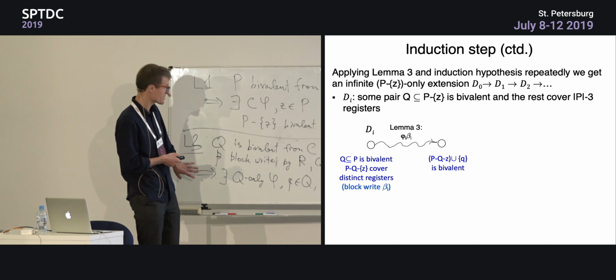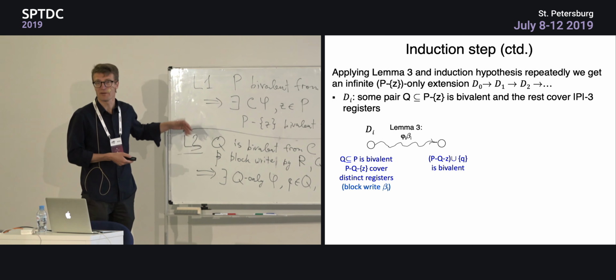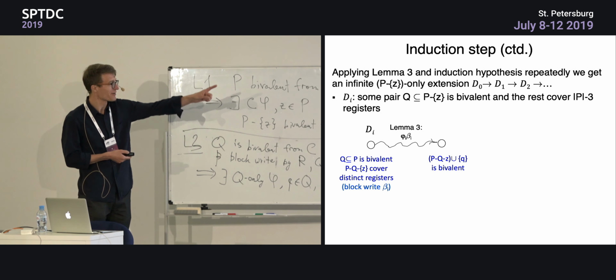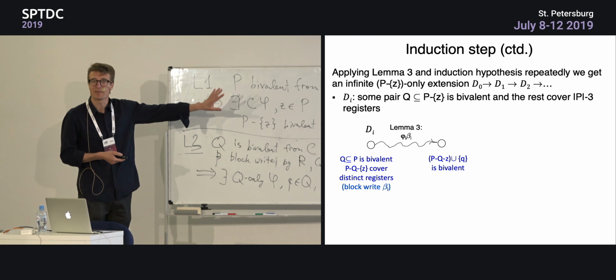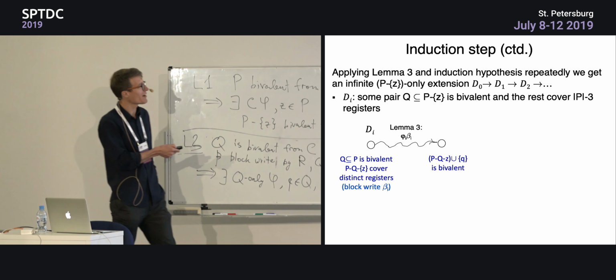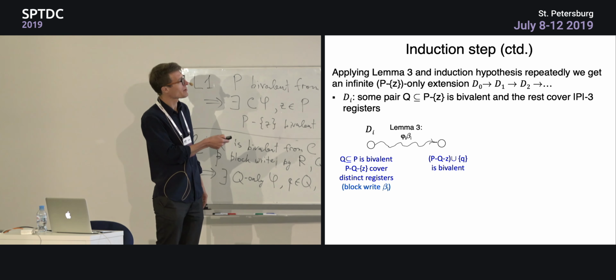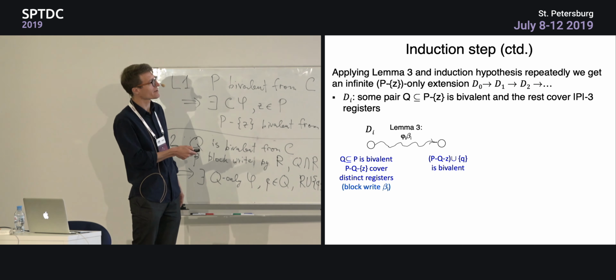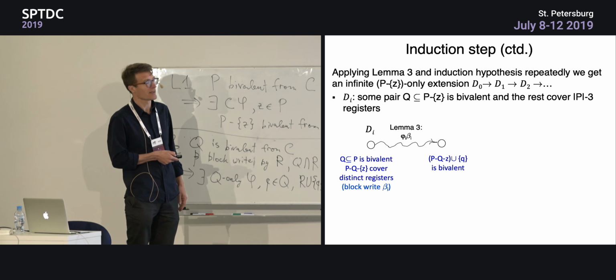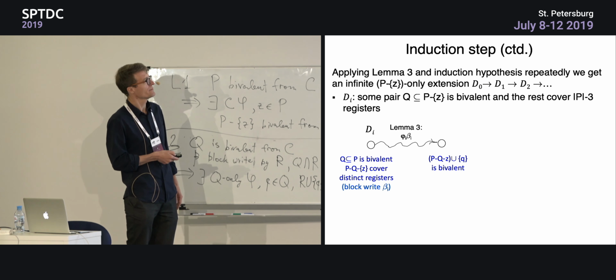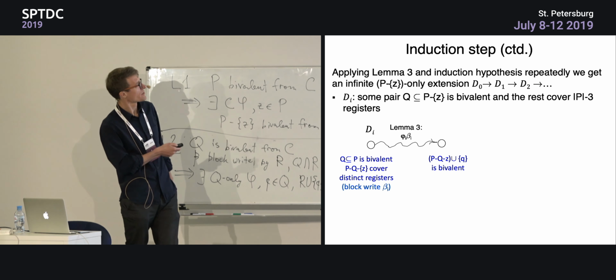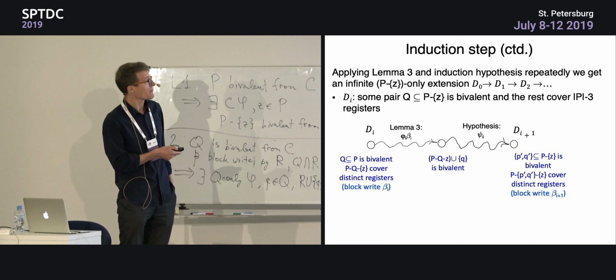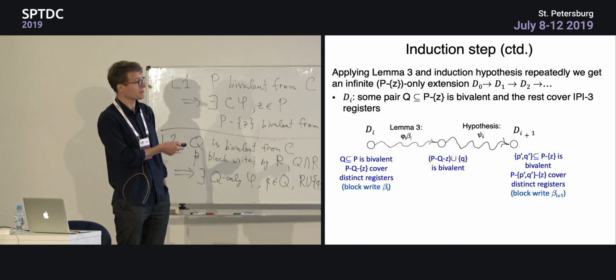So I just use, well, you need to make an effort and change the letters a little bit, but this is the same statement. I start from one bivalent configuration D_i, I apply Lemma 3, and I get a strictly different subset of processes, which is bivalent now. And finally, I have this set, which is bivalent.